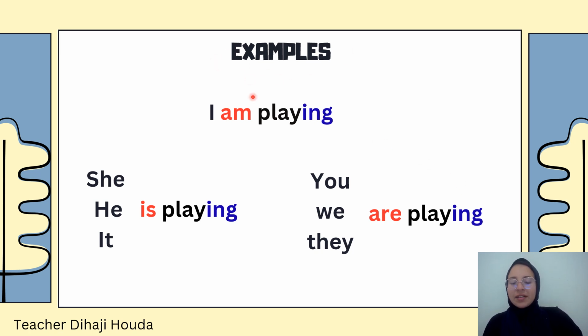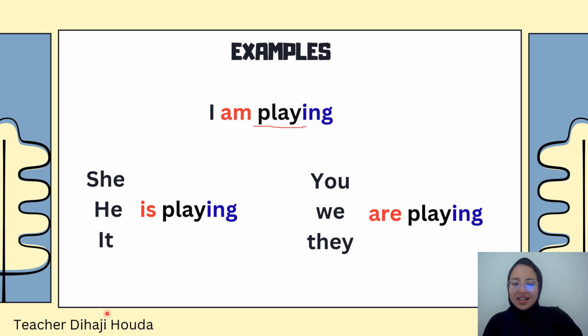Okay, so here we have examples with the present continuous. The first example is with the subject pronoun I. As you can see, I am playing. So where's the verb here? Can you tell me where's the verb? Of course, the verb is play, right?